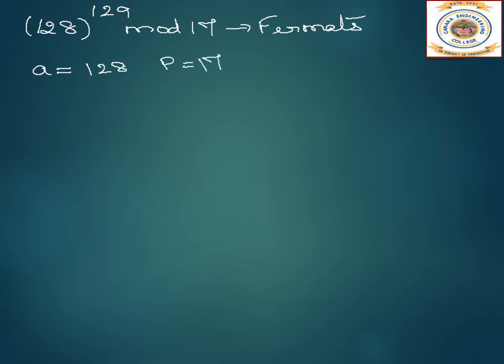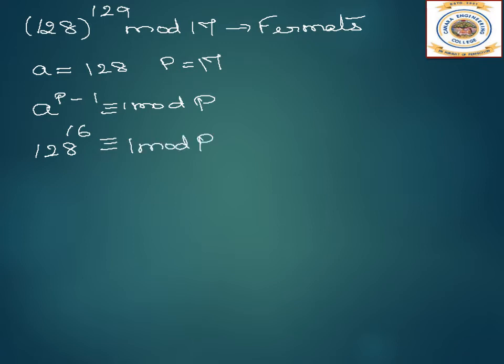This you should remember that A and P are relatively prime to each other. So now as per Fermat's theorem, that is A to the power P minus 1 is congruent to 1 mod P. I can write this as A is 128, P is 17 minus 1, so this will be 16, is congruent to 1 mod P.